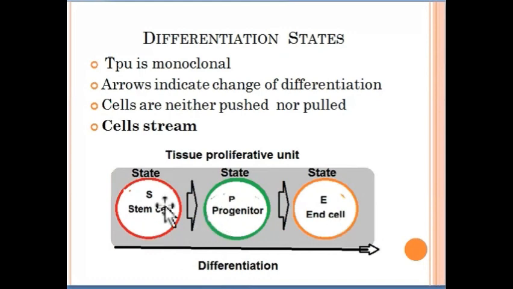So the arrows here describe the differentiation of this unit. The arrows do not push, neither pull anything in the unit. The unit streams. There is no mechanical factor which is responsible for this streaming.